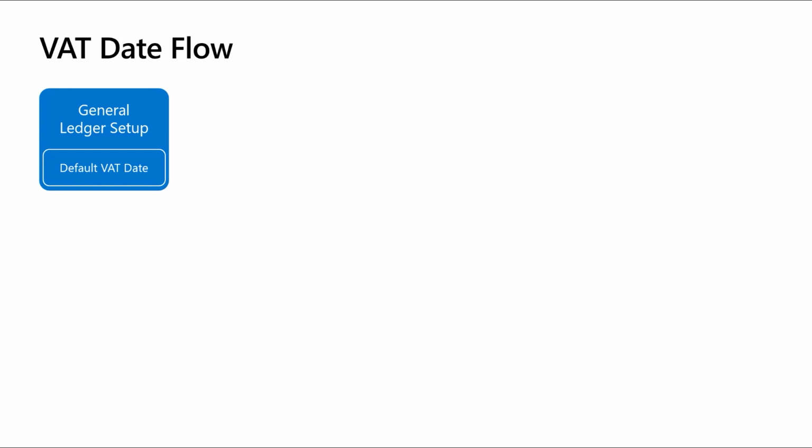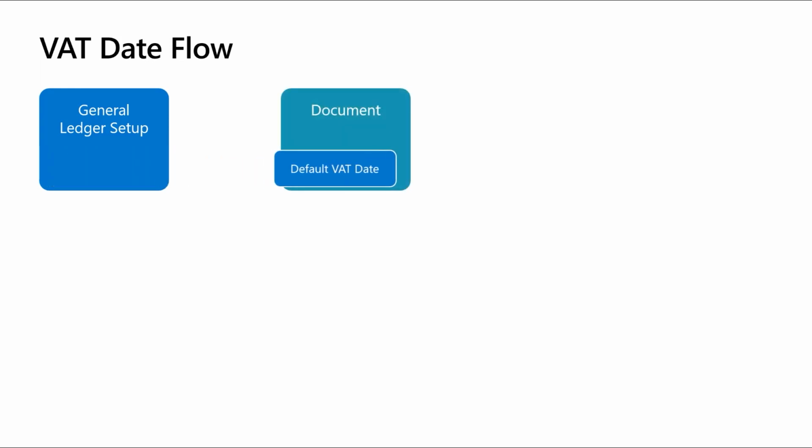And when you create any type of document, never mind sales order, purchase order, invoice, credit memo, service documents, and so on, if the document is applicable with VAT, the new field VAT date will be enabled, and the value inside will be based on the default VAT date configuration.